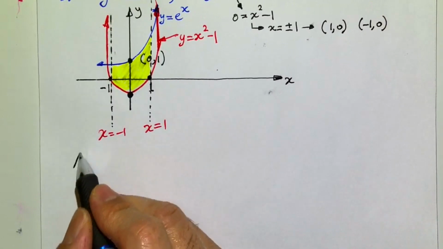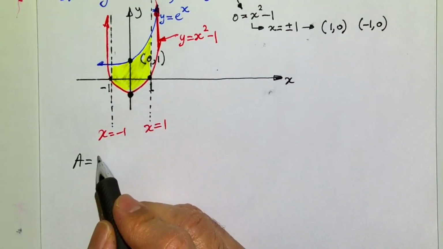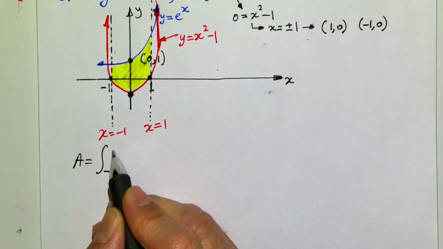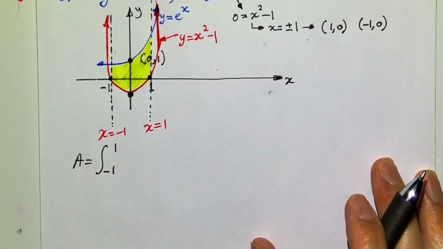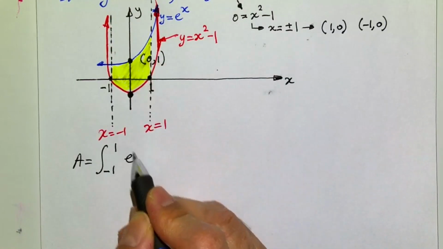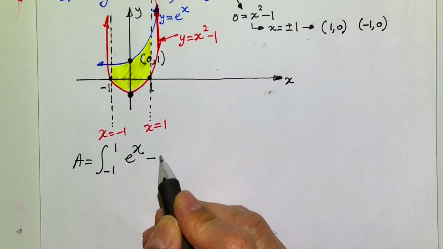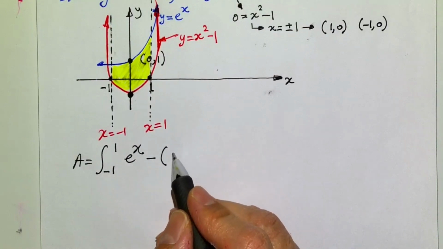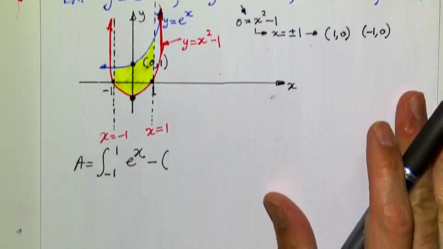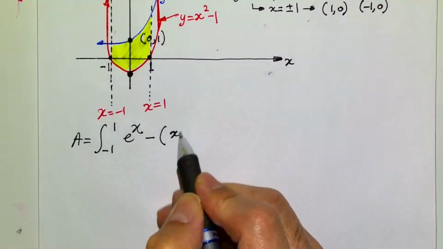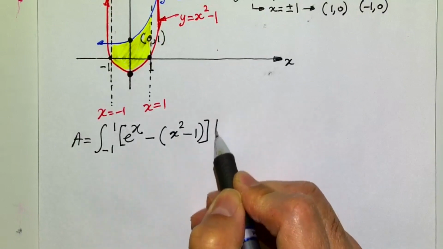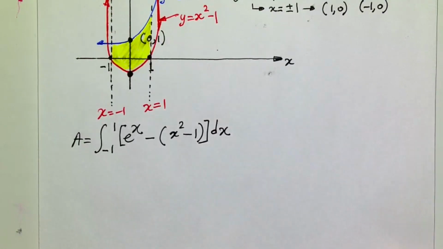Okay, so we will say the area is equal to the integral from -1 to 1, right? And the top function, e to the x, minus the bottom function, which is x squared minus 1, and of course, let me enclose these in brackets, dx.